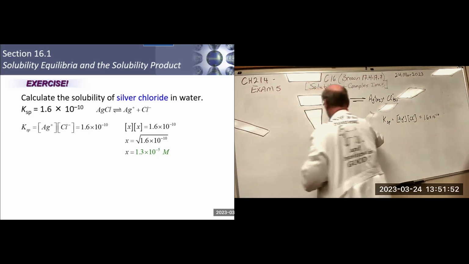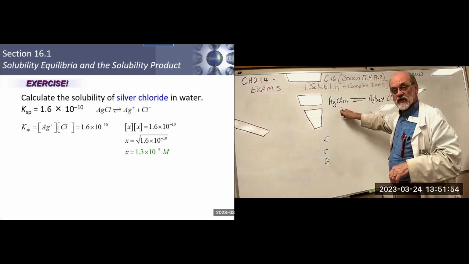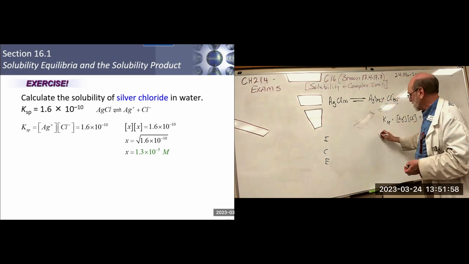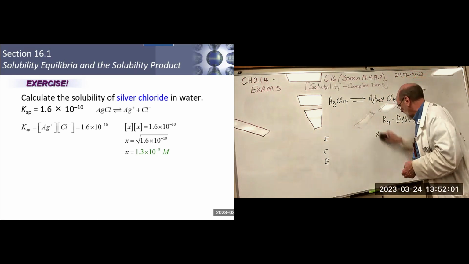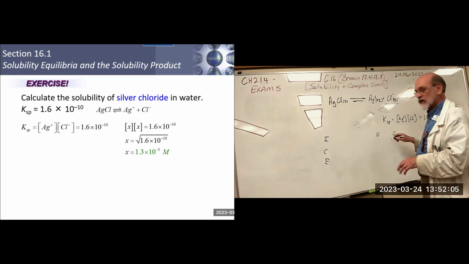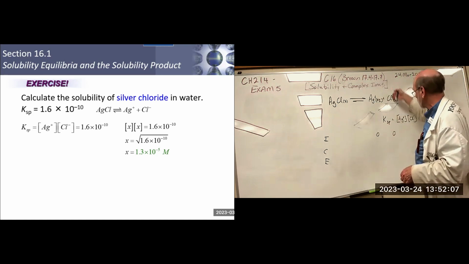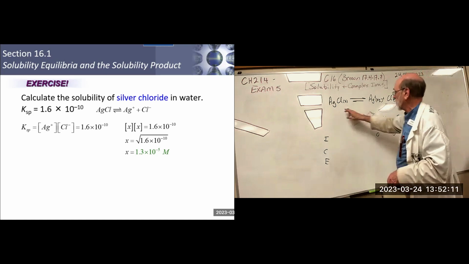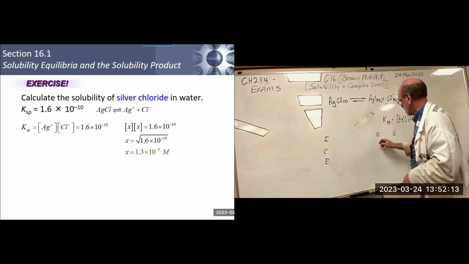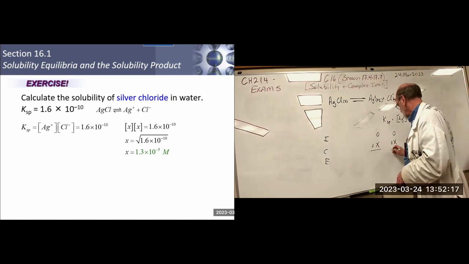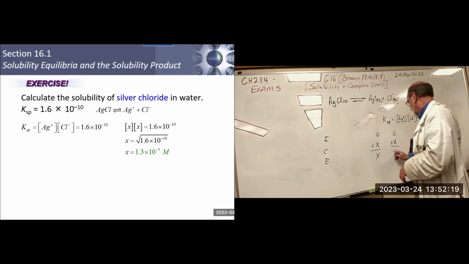Okay. This one has no concentration, so it's not even going to have a value there. But in the beginning, actually, we have 0. Before any of it goes into solution, we have 0 silver, 0 chloride. The change then is going to be, for every one of these, you get 1 and 1. So we're going to have an X here and an X here added. So that's X and that's X.